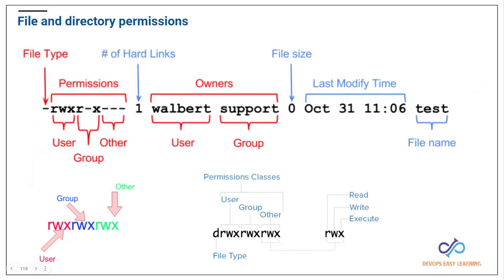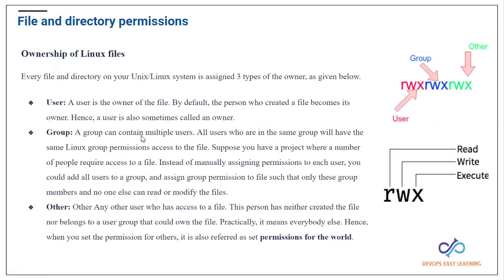This is the permission of the group that owns the file. And this is the permission of others on the server. We have a user, group, and others, and this is what we just explained. I'm not going to read that.